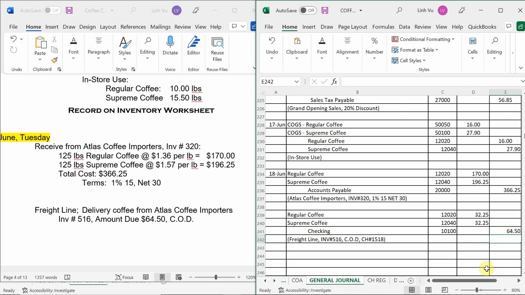Where do I need to go now? Inventory. You want to go straight to inventory?